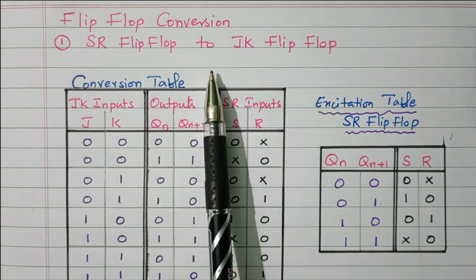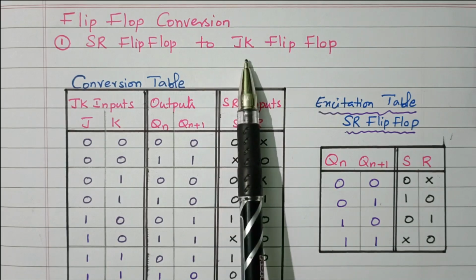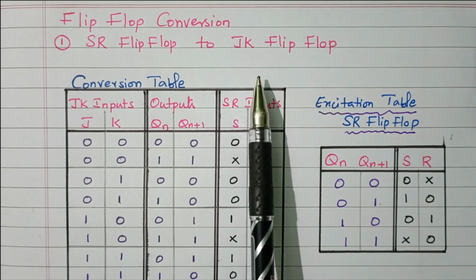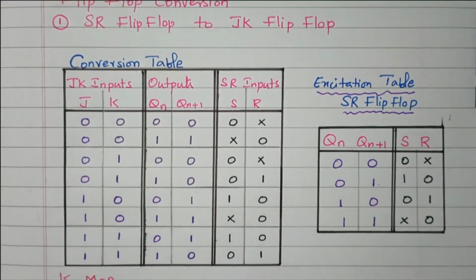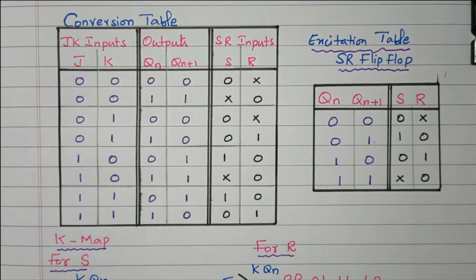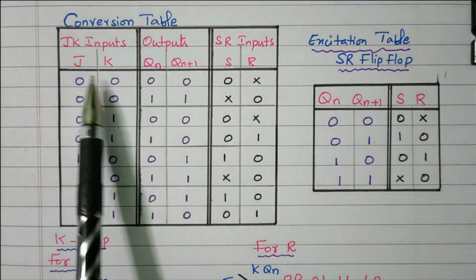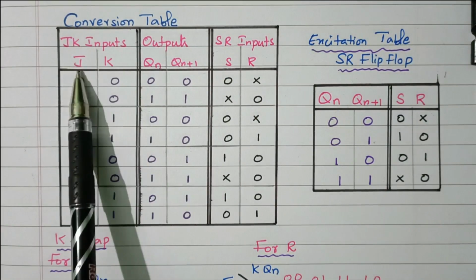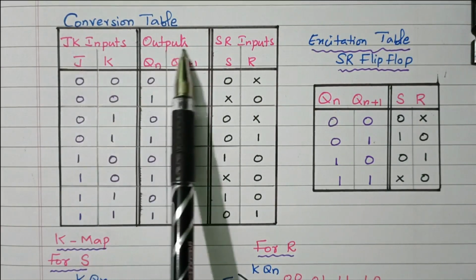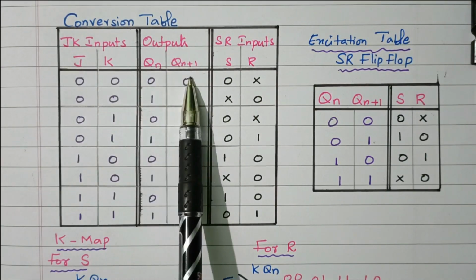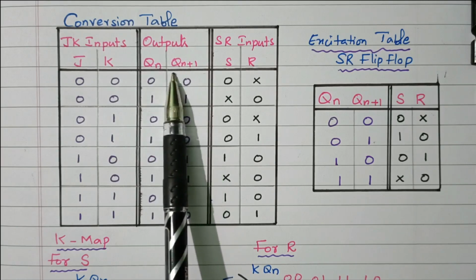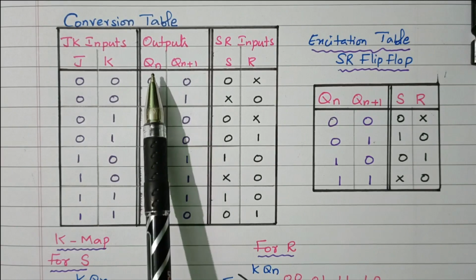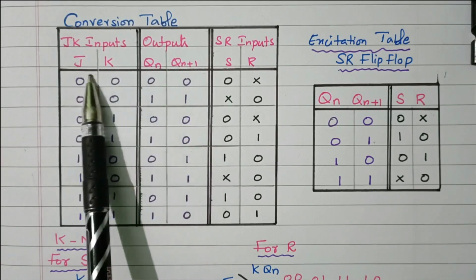So an SR flip-flop, by giving the proper input, we can convert into a JK flip-flop. First we will see the truth table of the JK flip-flop. So what is our requirement? This is the JK flip-flop input, J and K. The output, Qn+1. Present state, next state. I already told you the next state Qn+1 depends upon Qn as well as 2 inputs.